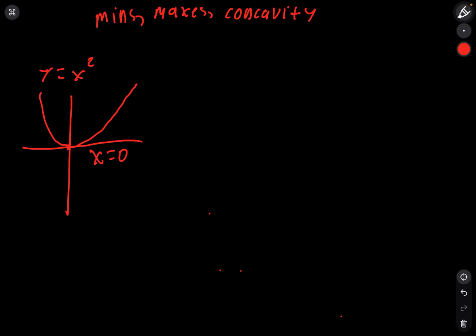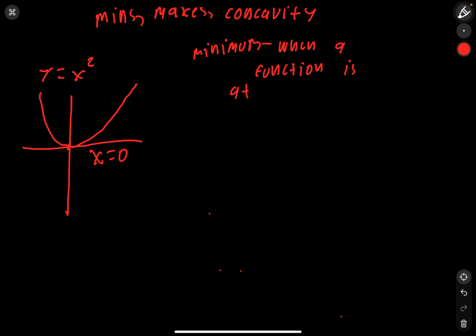First off, let's define some terms. A minimum just means when a function is at a low point. Essentially, it's the lowest point out of two segments. So this is what I mean.